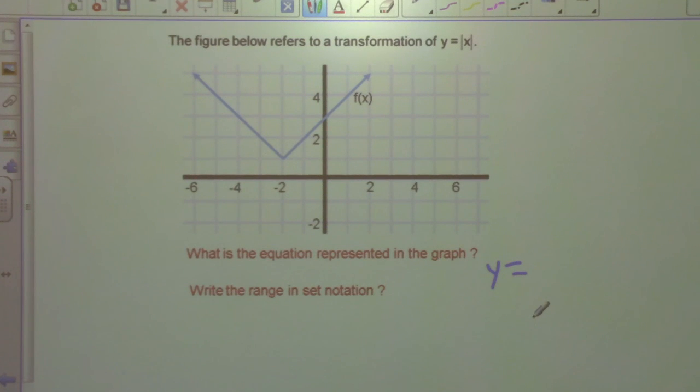Absolute value of x, plus 1. Okay? Everybody get that pretty well?